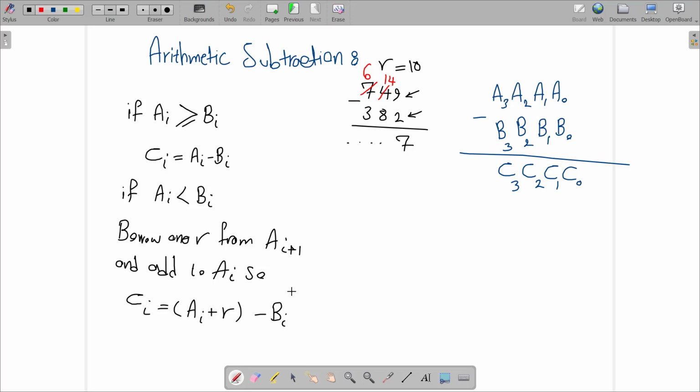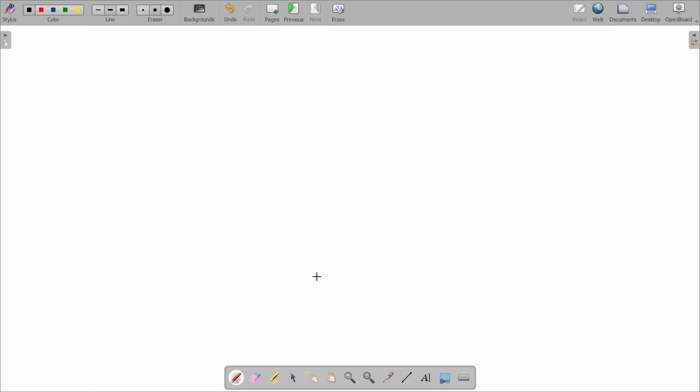Now look here, how can I do it in the case of binary? Suppose that I have something like that. Again, r is equal to 2. And I have 1, 1, 0, 1, 0, 1, and 1, 1, 1, 1, 1.